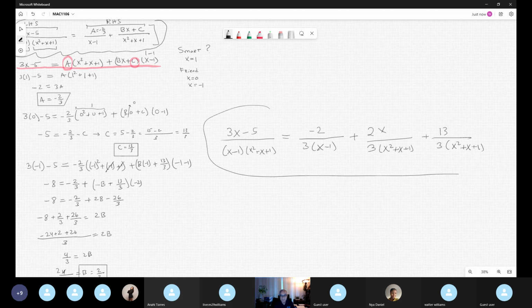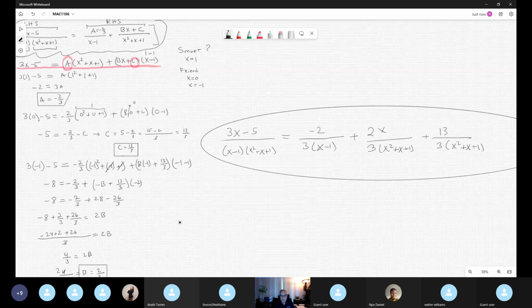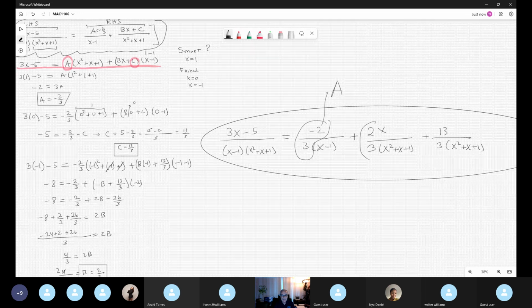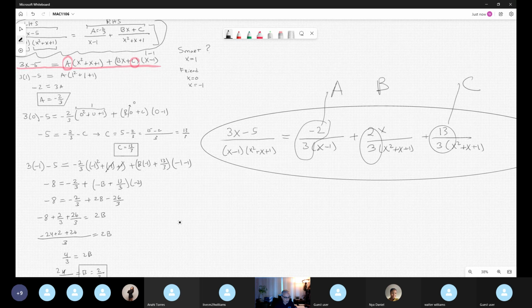That is the difference. Look, this is A, this is B, and this is C. Awesome.